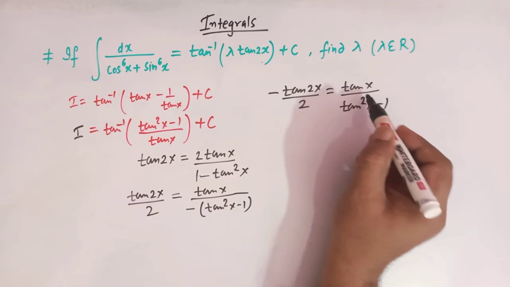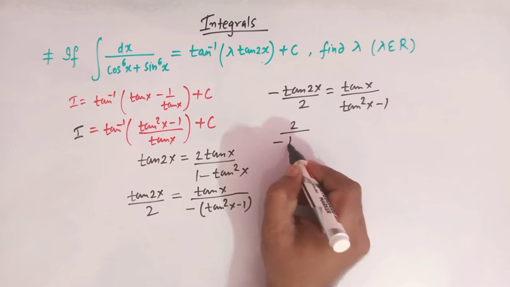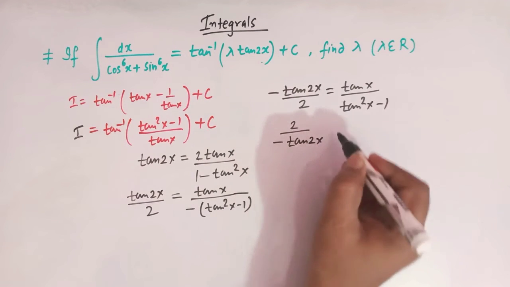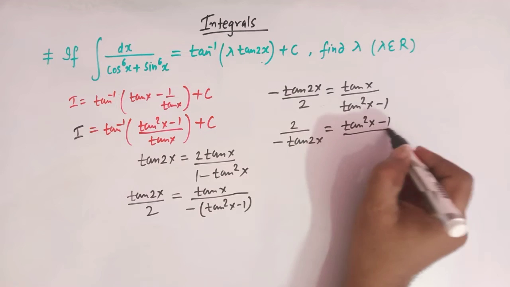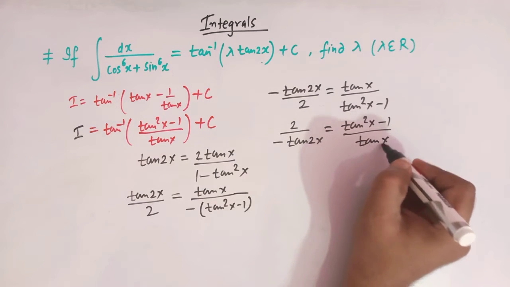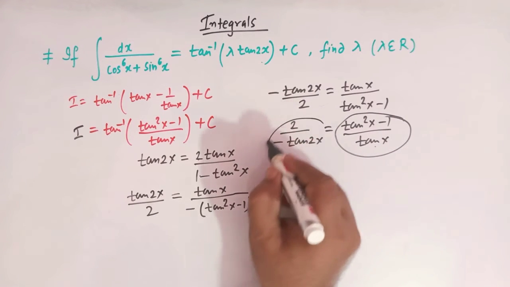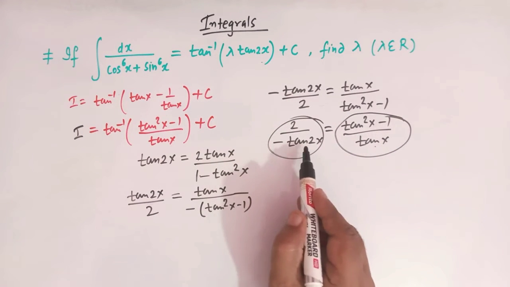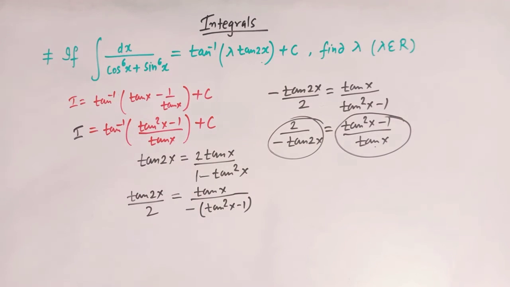Now if we take the reciprocal, then we have 2 over minus tan 2x is equal to tan square x minus 1 over tan x, and for tan square x minus 1 over tan x we can substitute 2 over minus tan 2x, right, over here.